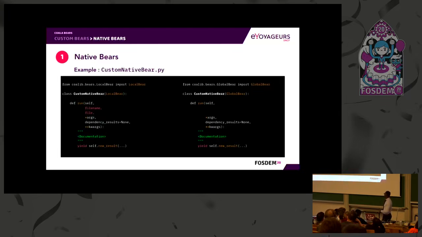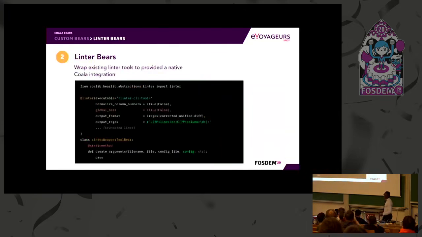And the global beers also do the analysis on the whole project. Linter beers use your own tools and wrap your tools. Just imagine you have a linter like JSLint, and you want to use Coala to wrap it.